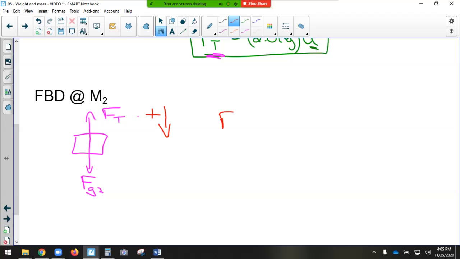So therefore, my net force in my y direction is going to be equal to the sum of all forces in my y direction, which is going to be equal to mass 2, because again, I'm doing a free body diagram for mass 2, multiplied by its acceleration. Because the two masses are attached together, they will have the exact same acceleration. Later on, if you get advanced in engineering, you'll kind of know why that's wrong.